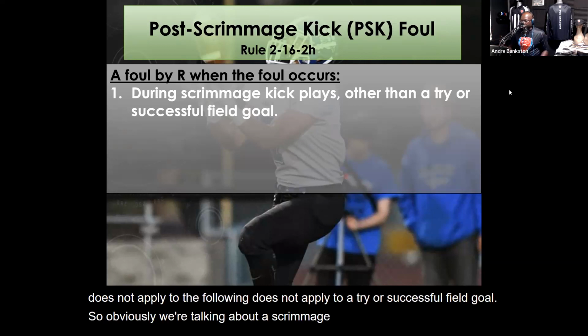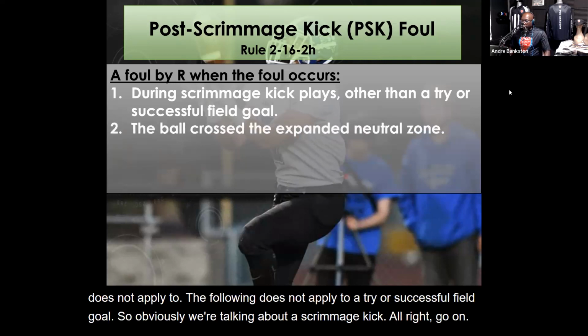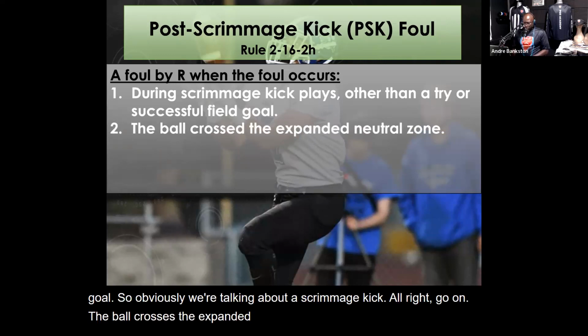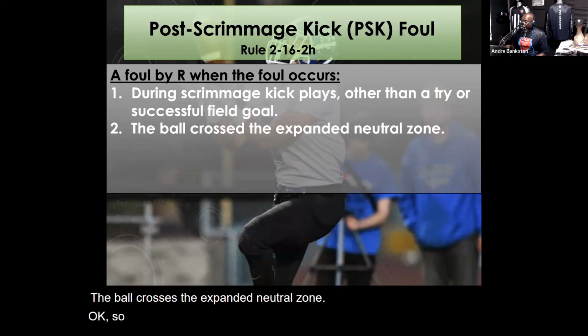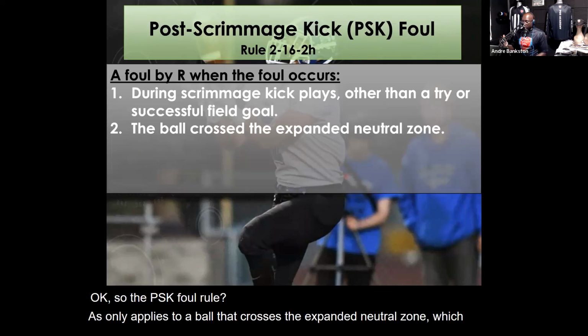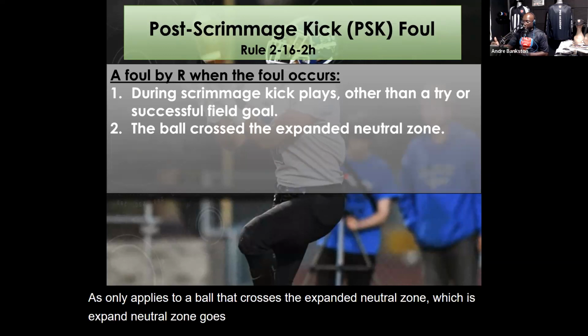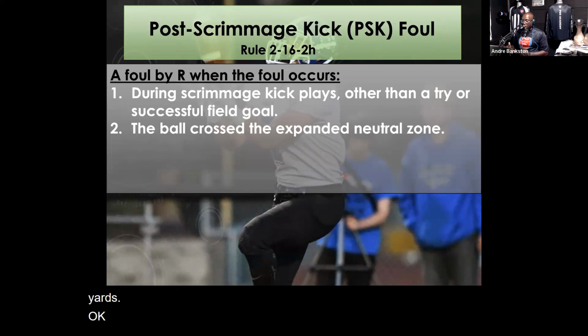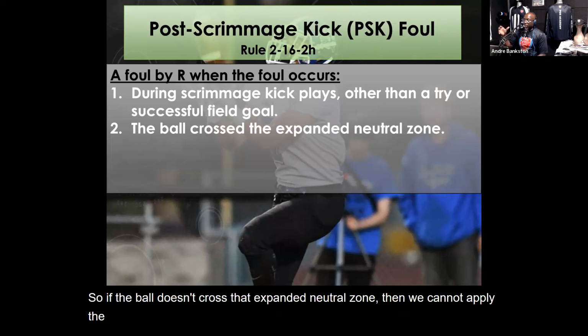All right, go on. The ball crosses the expanded neutral zone. Okay, so the PSK foul rule only applies to a ball that crosses the expanded neutral zone, which goes 2 yards into the defensive side of the ball. If the ball doesn't cross that expanded neutral zone, then we cannot apply the PSK foul rule.